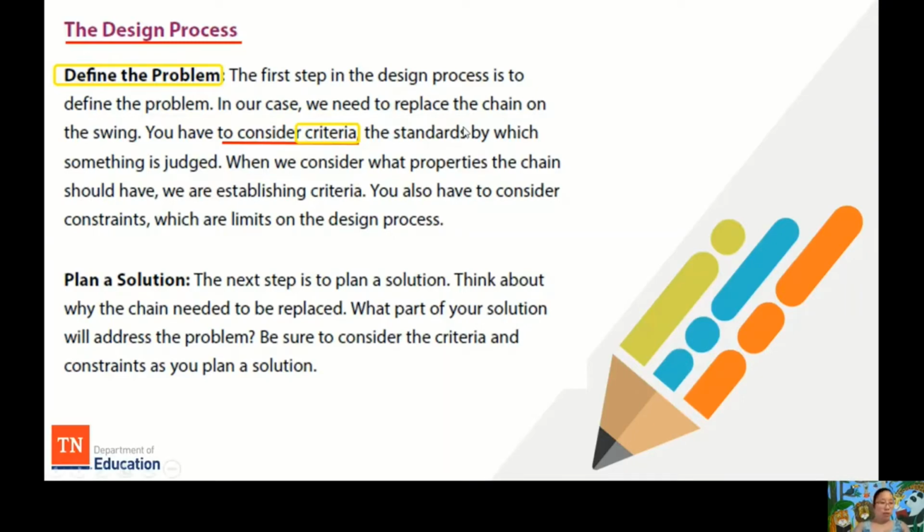So there might be things that you don't have. For example, with homework or an assignment, some of the constraints might be that you don't have as much time as you would like to work on that project. Or perhaps you don't have the materials you need and you need to go get them or replace the materials.